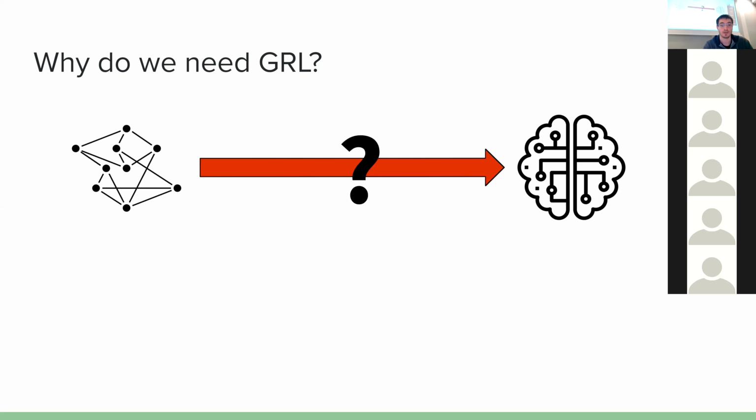So in a graph, we don't have independent samples. When we have a graph, we have multiple nodes that are connected to each other by edges. And so the question is, how can we represent this and feed it to a machine learning system?